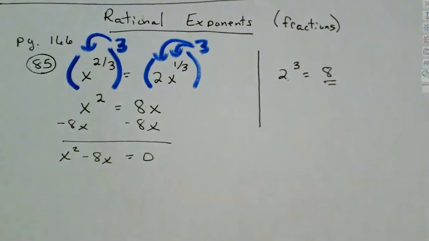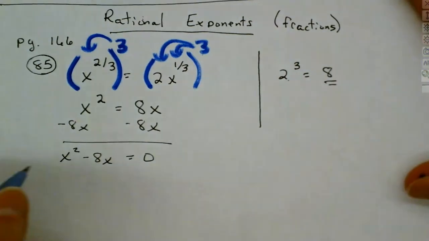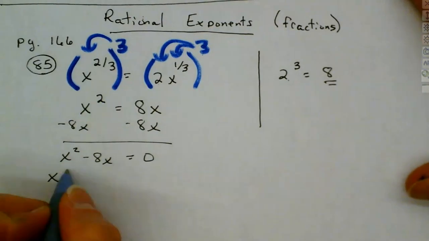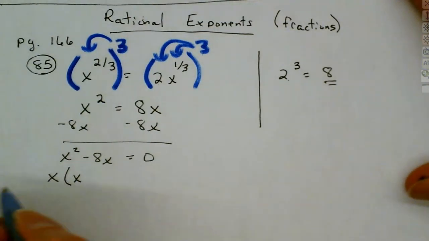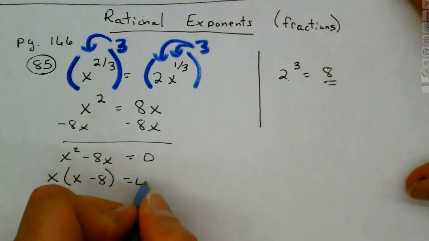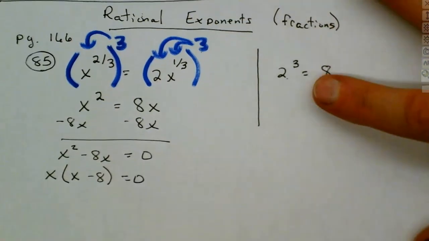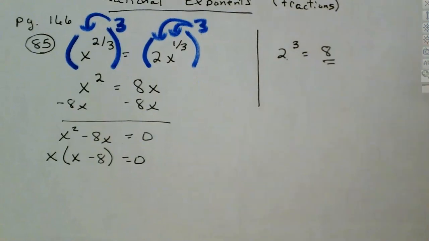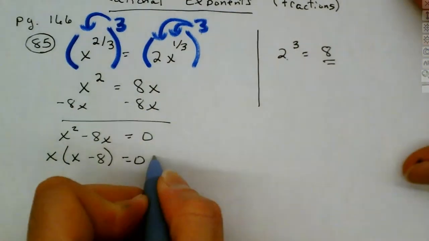How can we solve this? What can you factor out of here now? Yep, someone said it. We can factor an x out. And that's going to leave me with x minus 8. Is everyone okay with that so far? Now, what are my two solutions going to be?